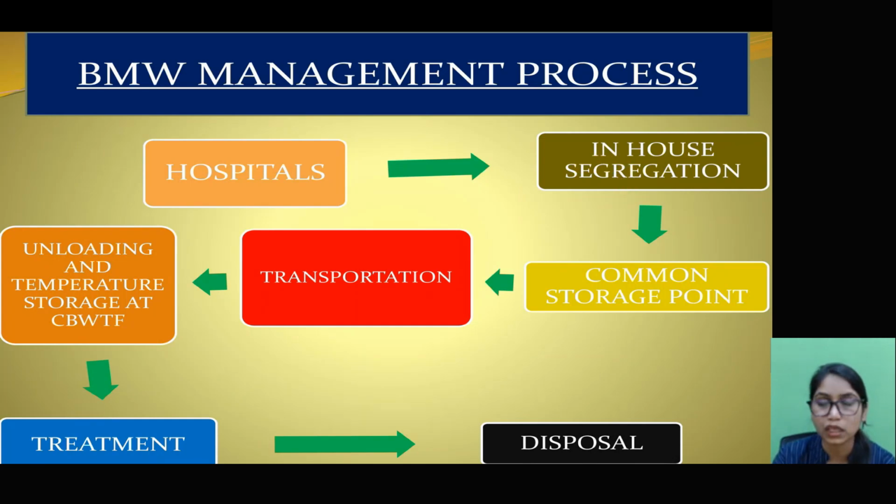So there will be segregation of the waste, type of the waste they will segregate it, they will separate it. Then there is a common storage room, okay, a common storage point for them. Then they will transport it. The wastes will be transported wherever they need to be transported. Then there will be unloading and temporary storage at the CBWTF.